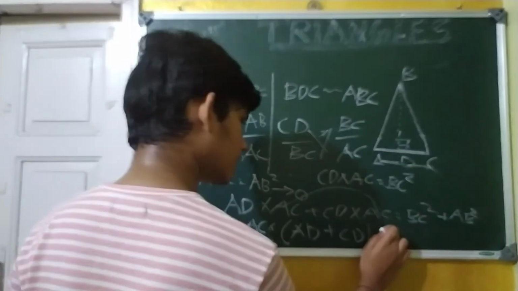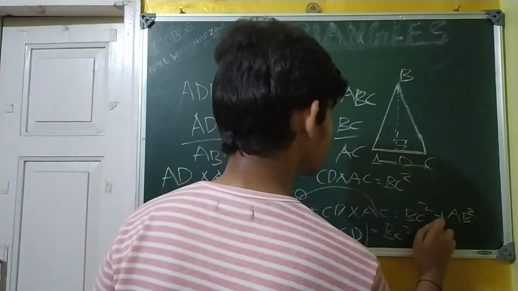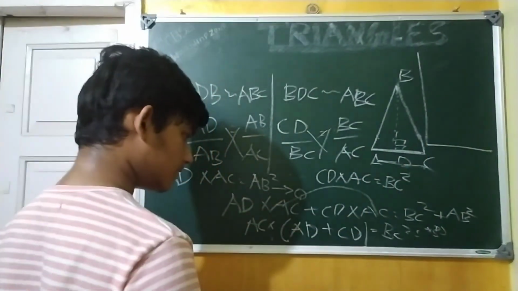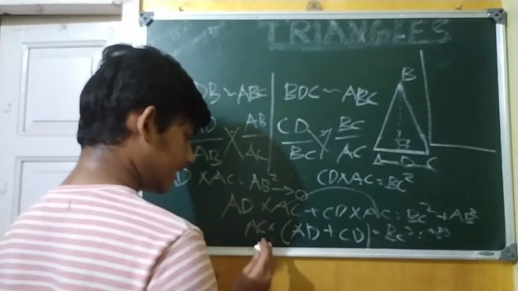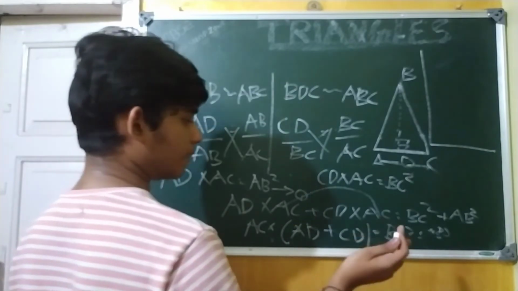So for example, let's write something like this. Let me continue in the top over here. Basically this means that AC into AD plus CD is equal to BC square plus AB square.